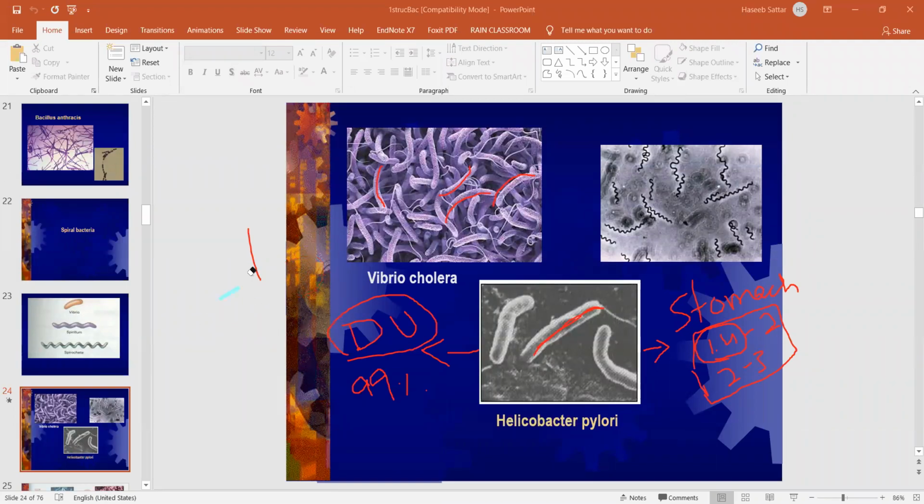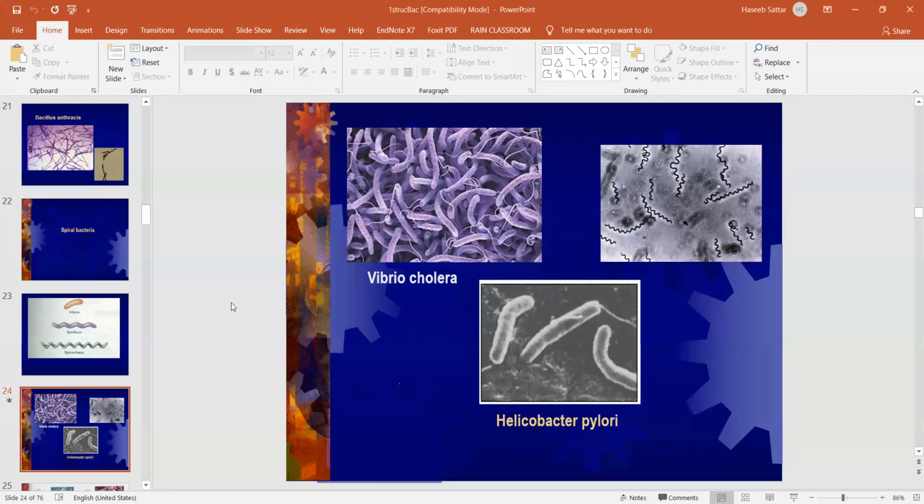Patients with recurrent gastritis symptoms, we can check for this bacteria. We have different tests to confirm it, and then we can treat. But the treatment is very difficult. We have to give treatment for at least 14 days with 2 antibiotics.